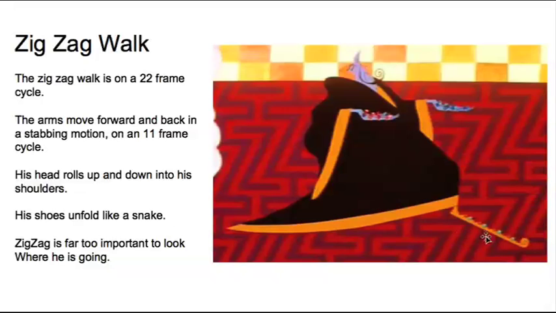And his slippers kind of unroll as his feet move along the ground, and they make this nasty little snake-like, reptilian twist as they unfold, which makes him feel, again, very creepy.